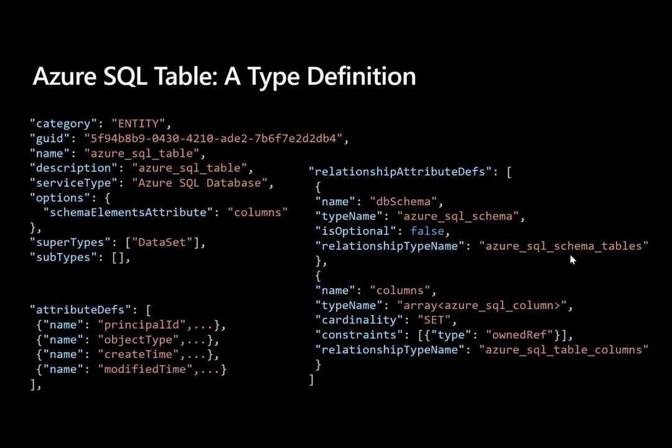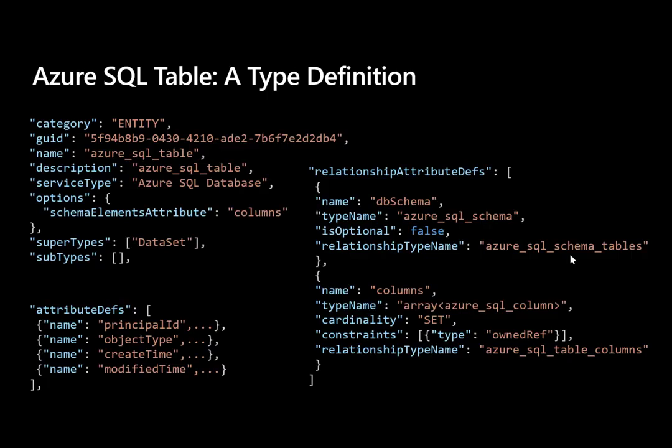It's going to be the DB schema attribute name that you'll work with. The type name is pointing to the type of the attribute that you're relating to, right? So it's going to say, I'm only allowing Azure SQL schemas to be inside of my DB schema attribute. This one in particular is optional, set to false, so that means it's required.